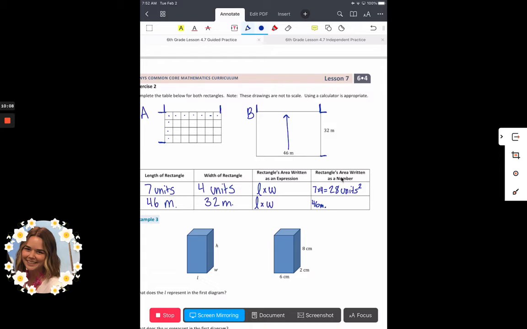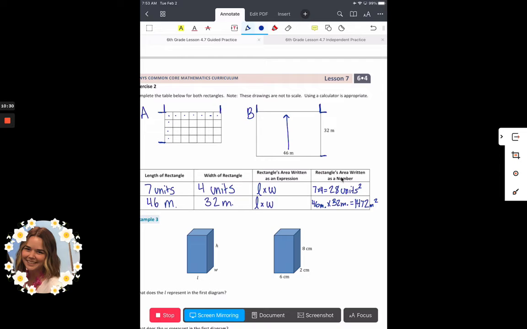And this is where you're welcome to use a calculator if you'd like, or you can multiply it out. So we multiply that out and we get 1,472 meters squared.